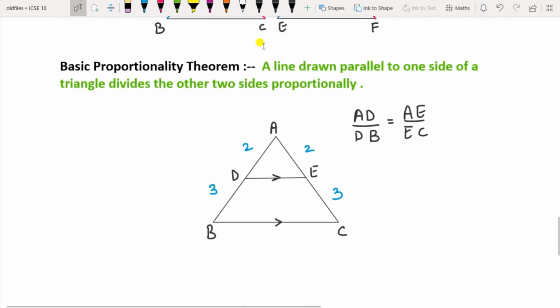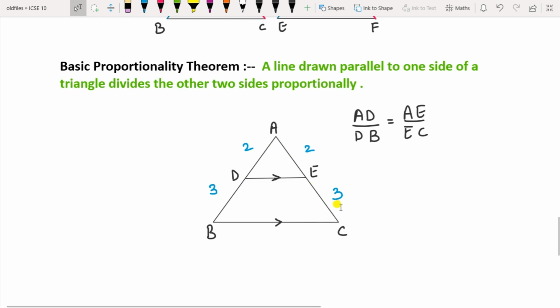Next comes the basic proportionality theorem. A line drawn parallel to one side of a triangle divides the other two sides proportionally. So if a triangle ABC is given, and you draw a line parallel to one side, that is BC here, that is DE is parallel to BC, then it divides the side AB in some ratio which is equal to the ratio in which it divides the side AC.